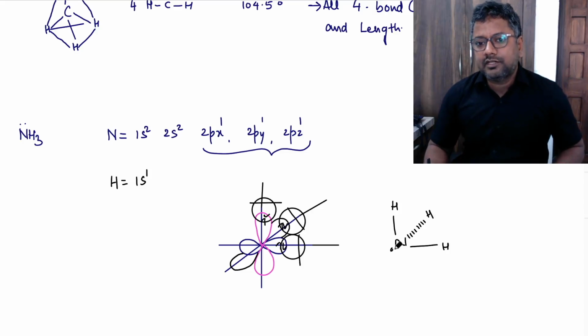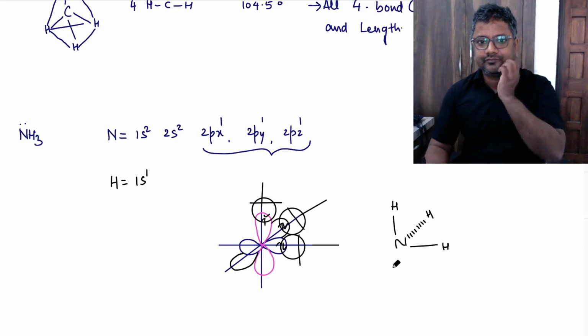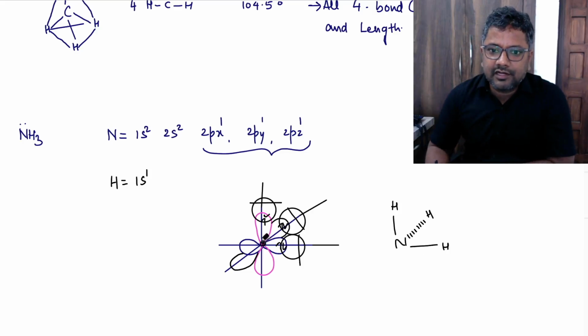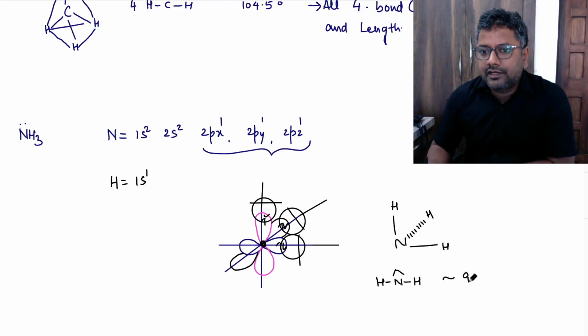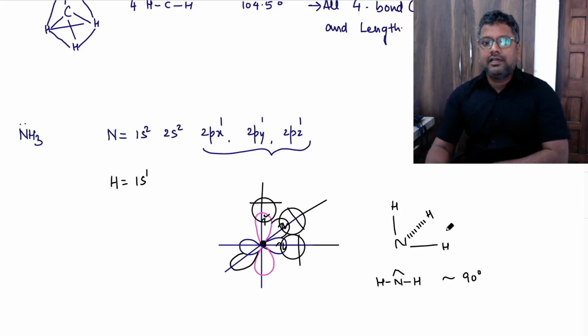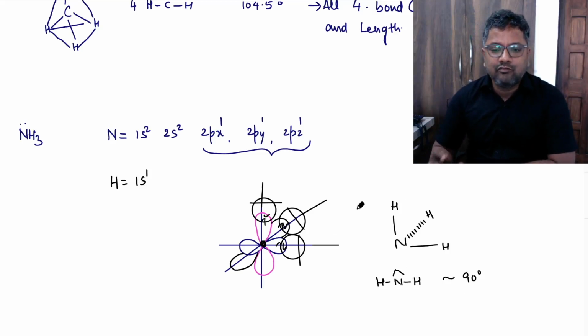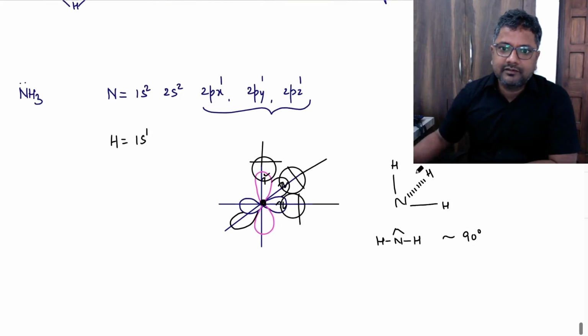So what should be the bond angle here? What should be the HNH bond angle? This should be 90 degrees as per this model of overlapping.